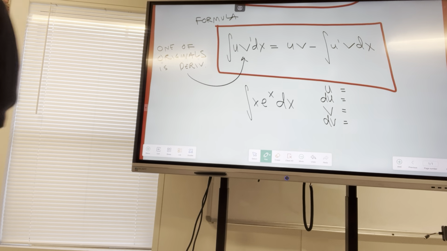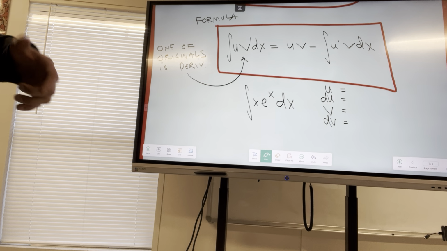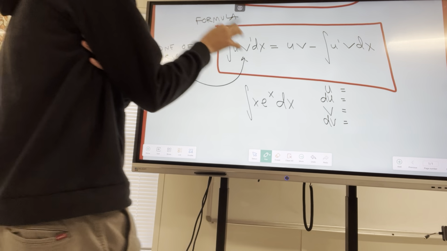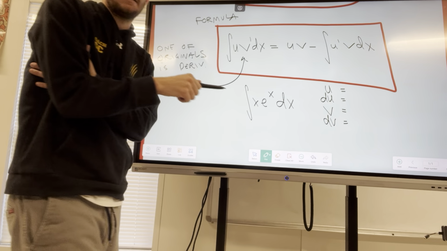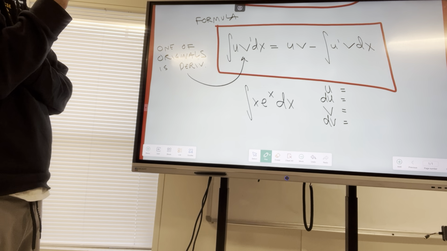Again, just like for the product rule, we're going to have F and F prime, G and G prime. That's pretty much what's going on here. Now the difficulty is choosing these four things because you basically have a 50-50 choice.